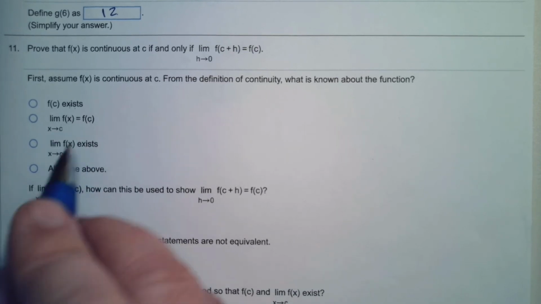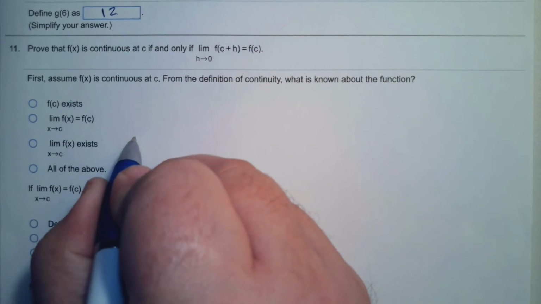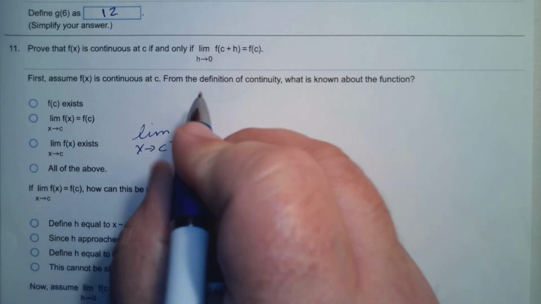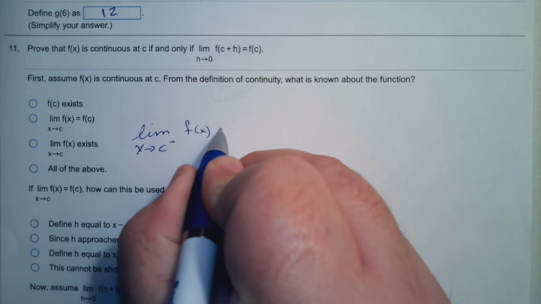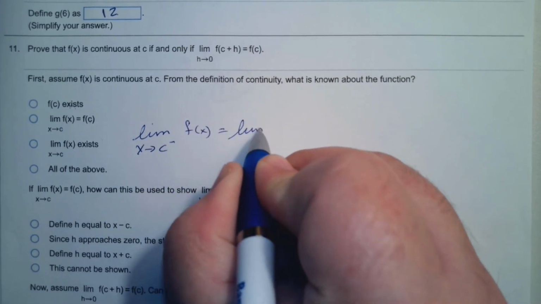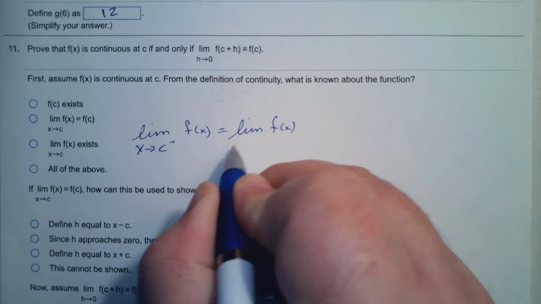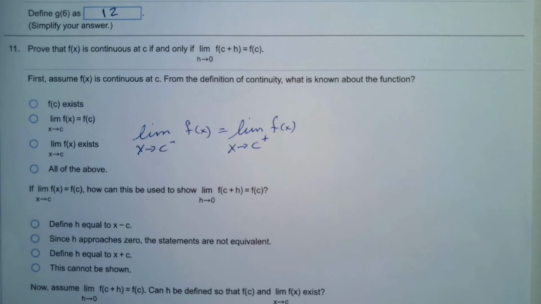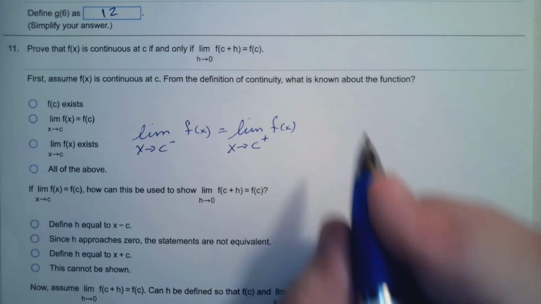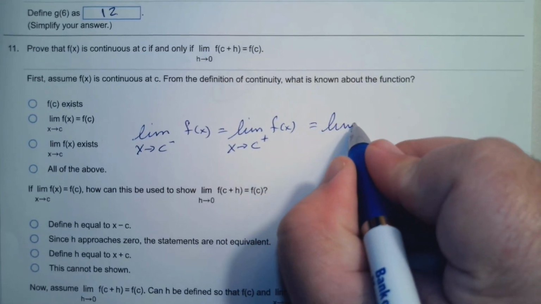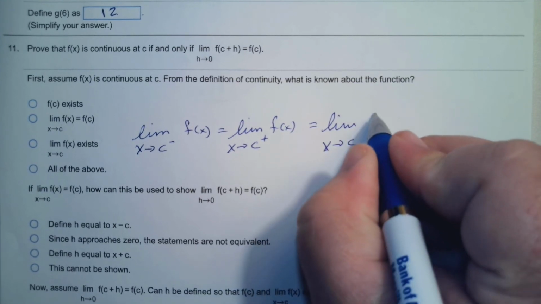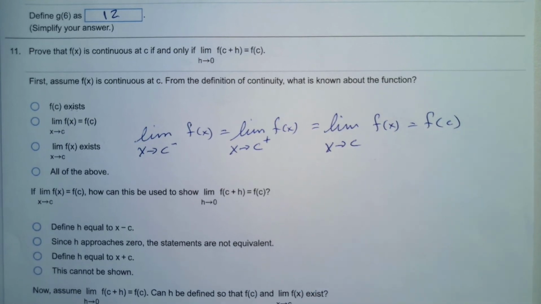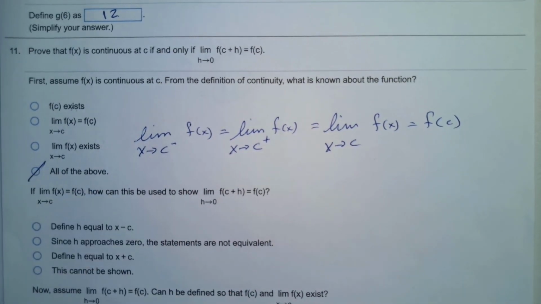What this really means is the limit as x approaches c from the left has to equal the same value as I approach it from the right, which is the limit at c. So it's all of the above.